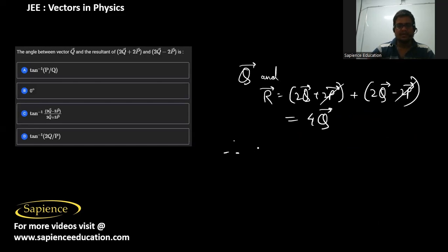So the angle between the q vector and the 4q vector: they are parallel vectors, so the angle is 0 degrees, obviously.